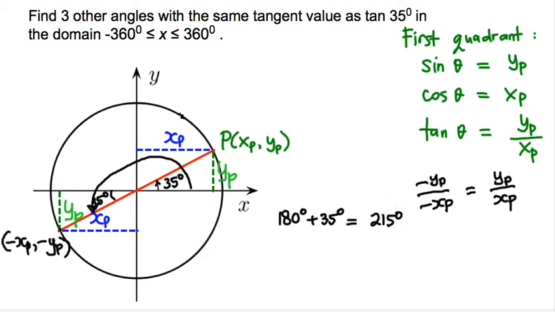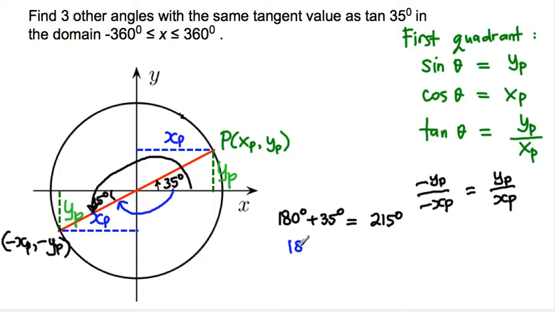What other angles can I find? I can now go to the negative direction. So if I go clockwise from the x positive axis and reach this terminal line now, and with this terminal point, then I will actually have 180 degrees minus 35 degrees.